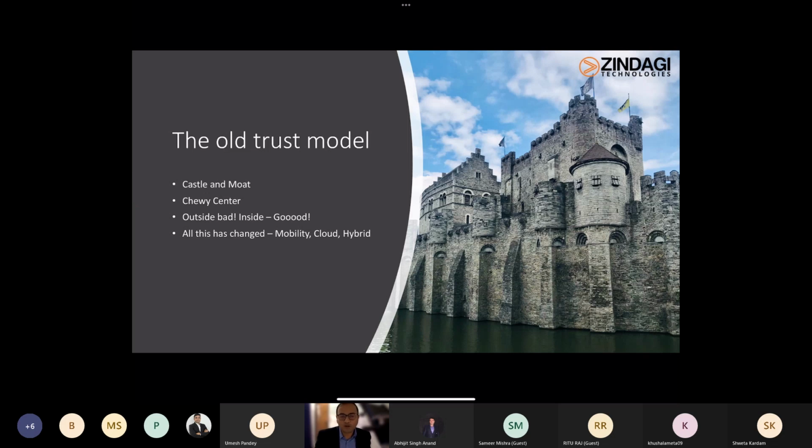Now, before we talk about zero trust, let's look at where we are currently. What is the kind of security paradigm that organizations typically implement today? That concept is referred to as perimeter defense. It's like a castle and moat architecture, which basically means that anything inside my office, inside my premises, inside my campus, inside my building is by default trusted, and anything outside is untrusted.